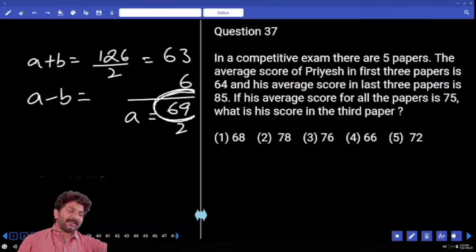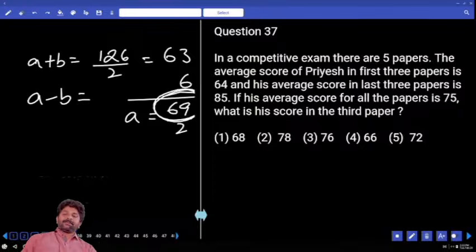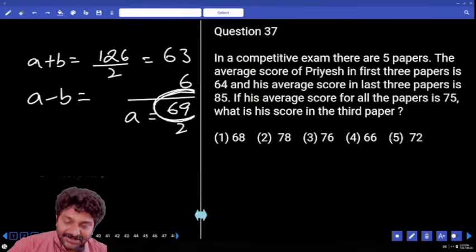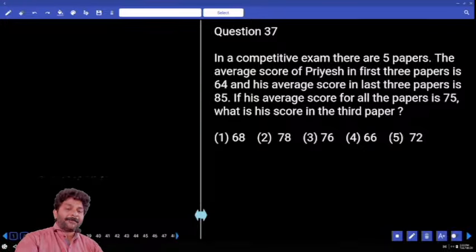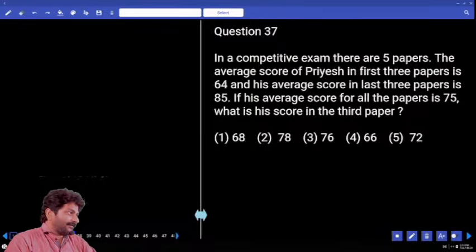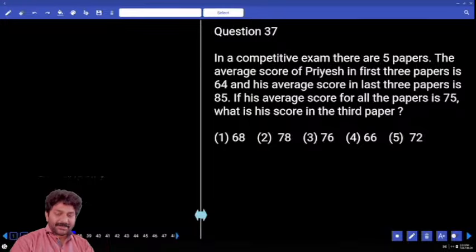In a competitive exam, there are 5 papers. The average score of Priyesh in the first 3 papers is 64 and his average score in the last 3 papers is 85. If his average score for all the papers is 75, what is his score in the third paper? Right. So total how many papers are there? First 3 average mentioned. Last 3 average also mentioned.